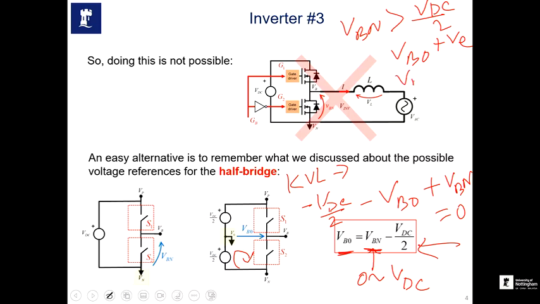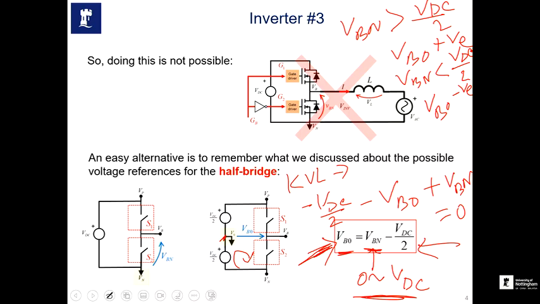Now, if VBN is less than VDC by 2, which is possible, because we know that VBN can be between 0 and VDC, then VBO becomes negative. Which means that now that we put a reference point in the middle of the DC link, the output voltage of the half bridge VBO can be positive and negative, right?